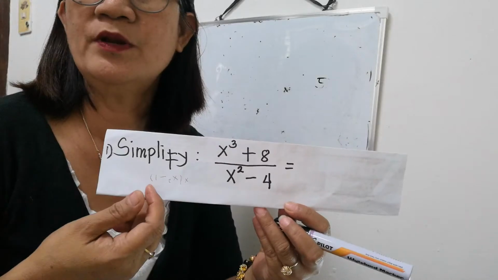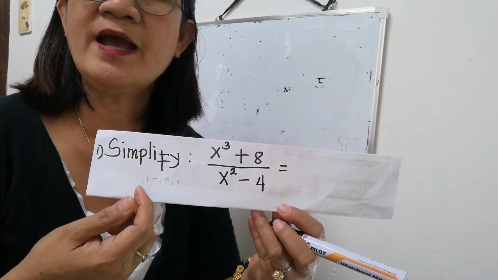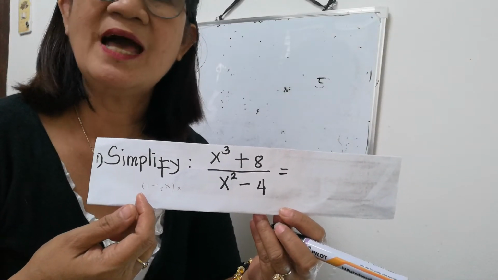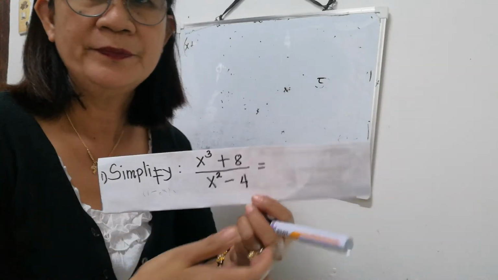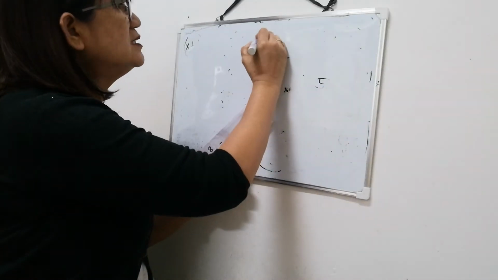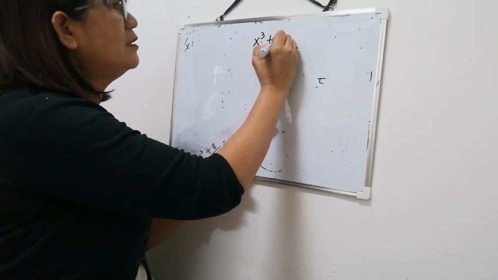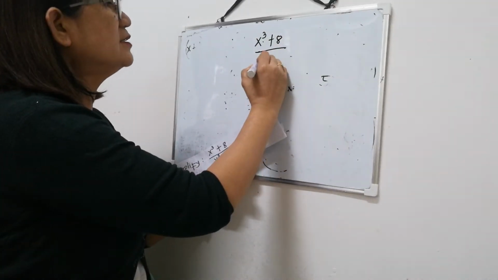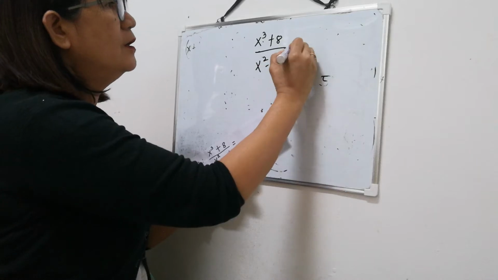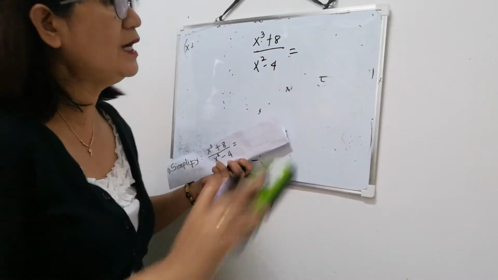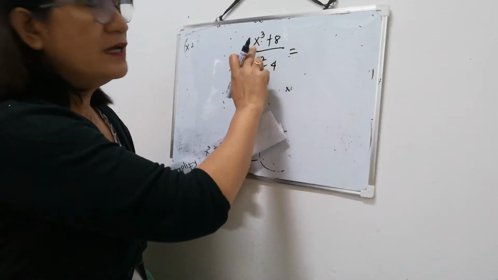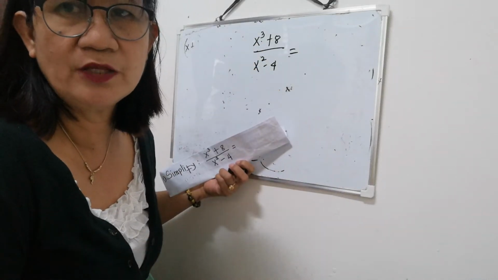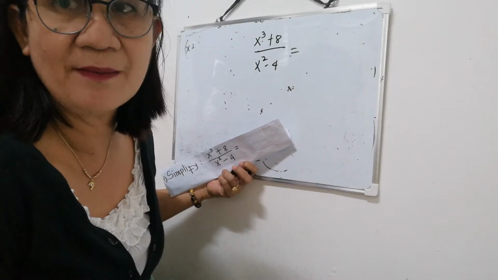The first example here is simplify x cubed plus 8 all over x squared minus 4. Okay, the numerator, the first term of the numerator, so kailangan marunong kayong mag-examine, no?